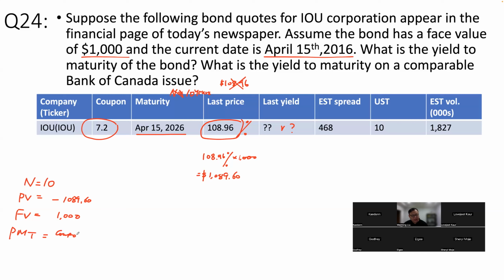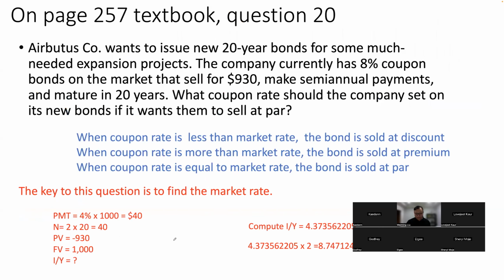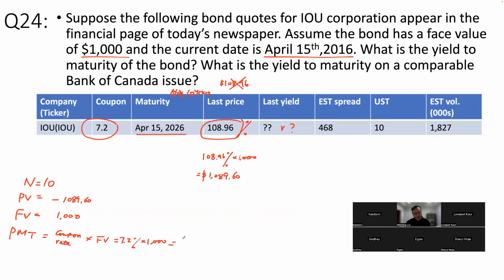In this case, the coupon payment is made annually, so you just use coupon rate times face value. So that equals 7.2% times 1,000. So that's $72, right? Again, this cash flow from the bond issuer to the investor is positive.